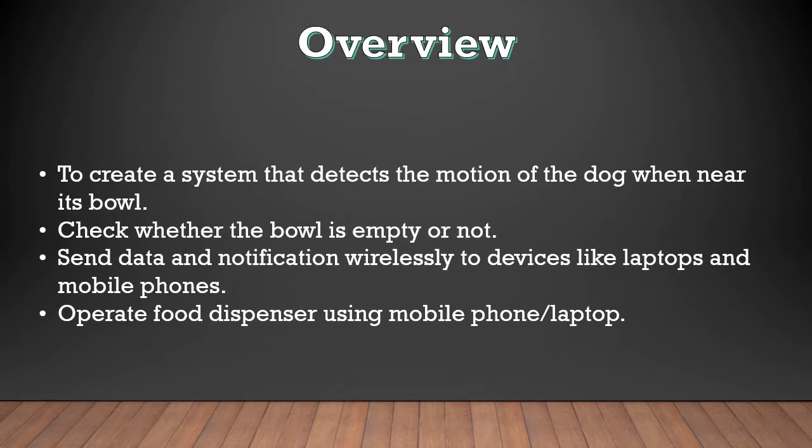Overview. To create a system that detects the motion of the dog when near its bowl, checks whether the bowl is empty or not, sends data and notifications wirelessly to devices like laptops and mobile phones, and operates the food dispenser using mobile phones or laptops.